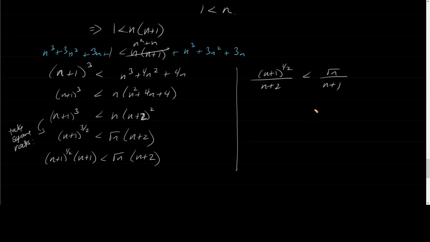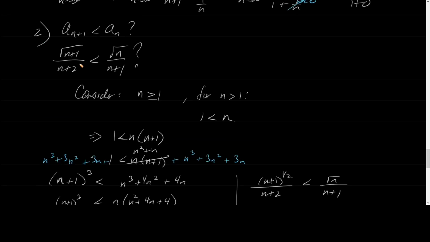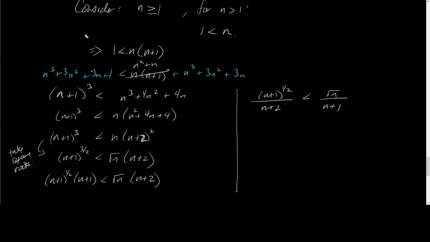And that is awesome, because that is what we have over here. Instead of the 1/2, I had a square root, but it's the same exact thing. And that is a sub n plus 1 being less than a sub n. Good, we proved it.